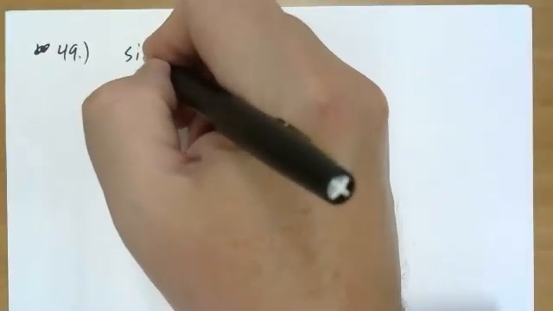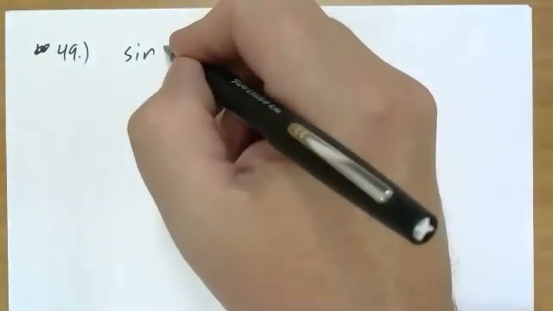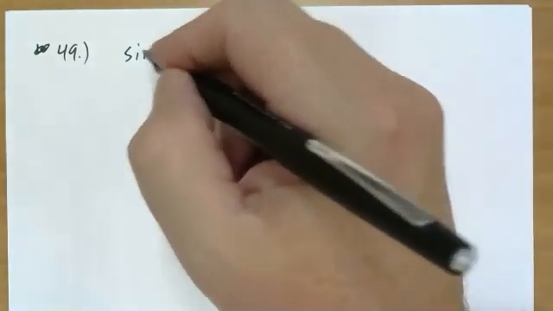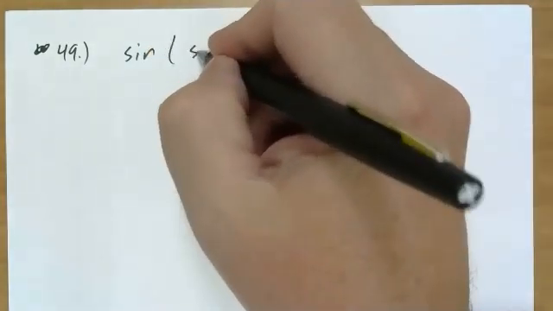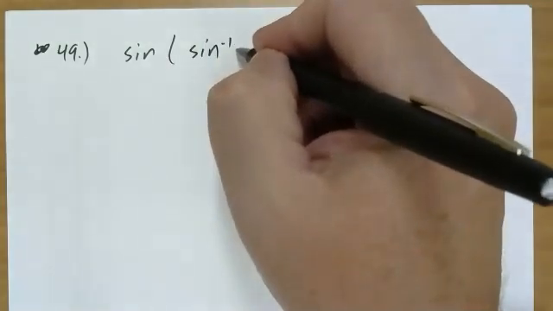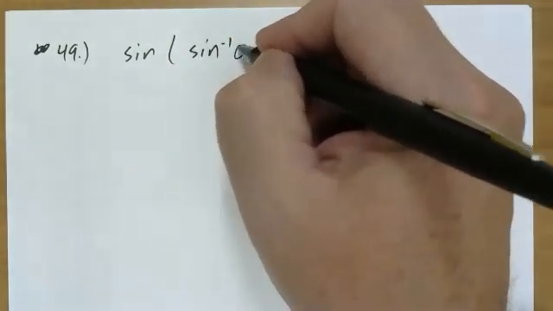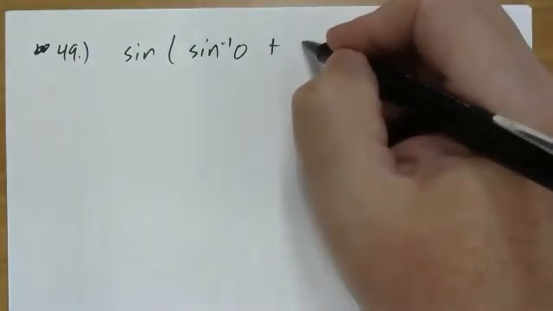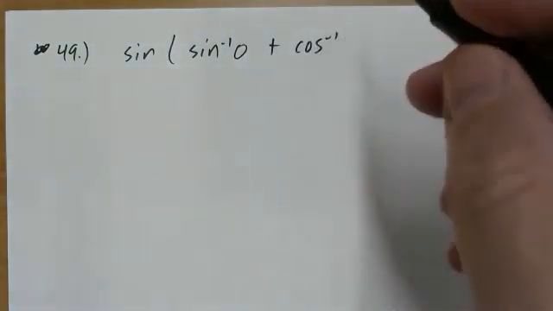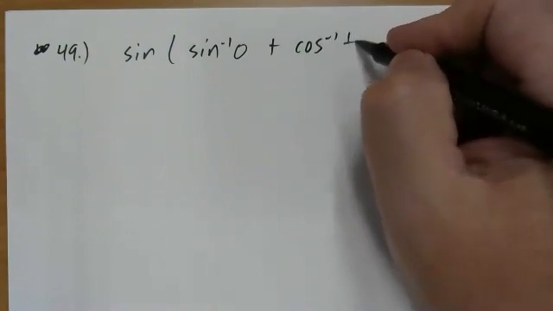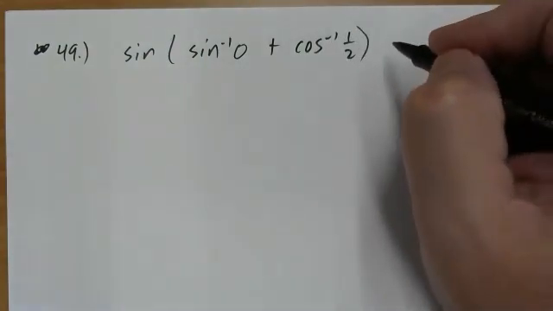So here now we're back to looking at some problems with inverse trig functions. The sine of the inverse sine of 0 plus the inverse cosine of 1/2.